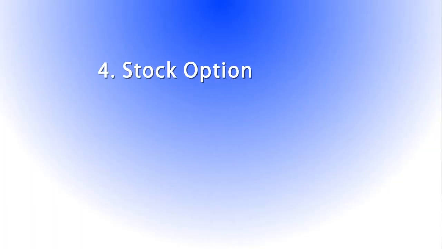Number 4, stock option exercises. Consider whether any exercised incentive stock option should be disqualified. In other words, if you exercise an incentive stock option in the month of January and that stock falls in value, you should really consider disposing of that stock prior to December 31st of the same year and eliminating entirely the incentive stock option preference that would be taxed for alternative minimum tax purposes but not regular tax purposes.